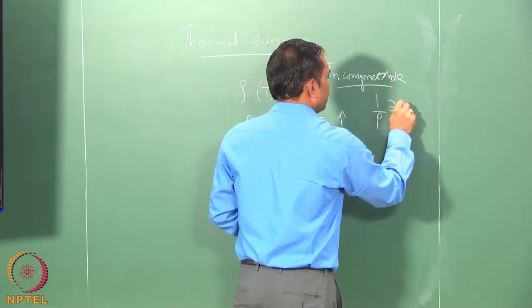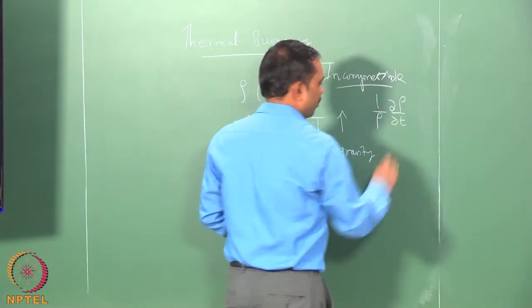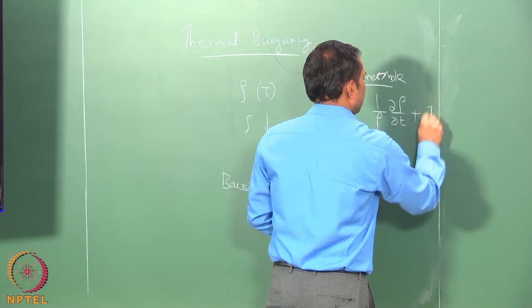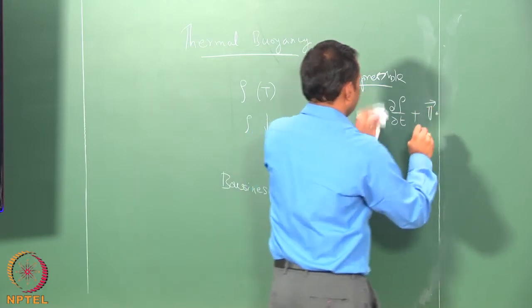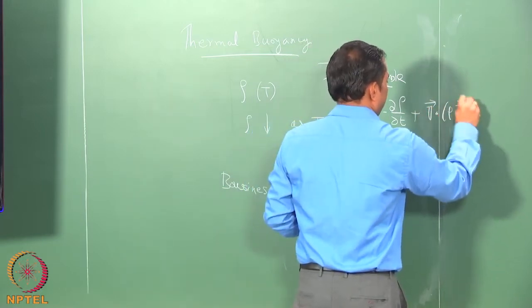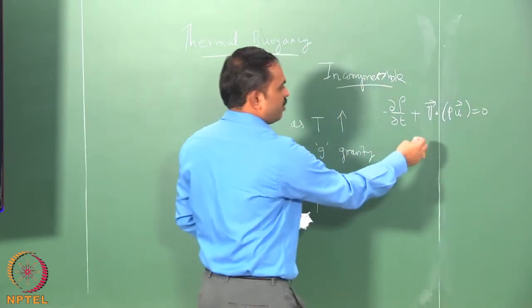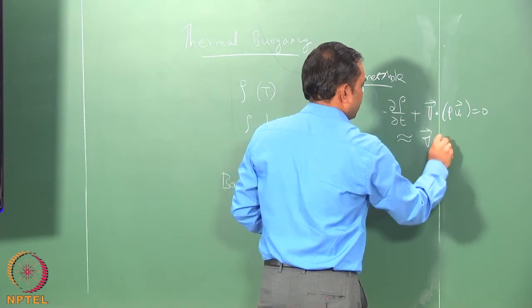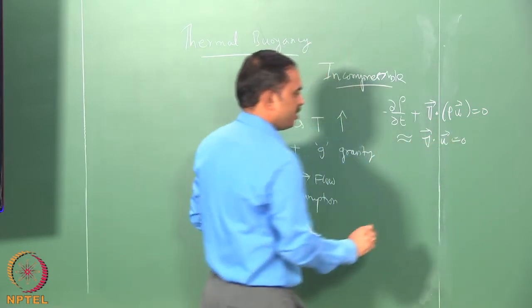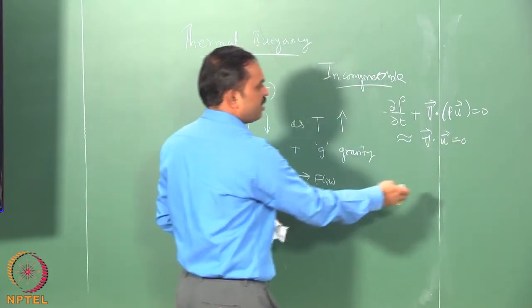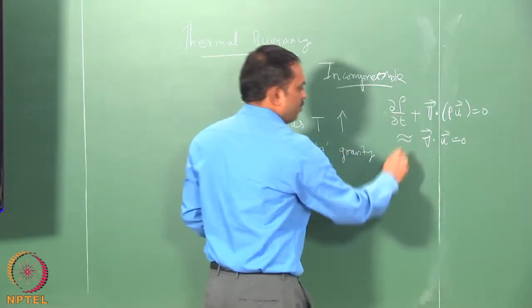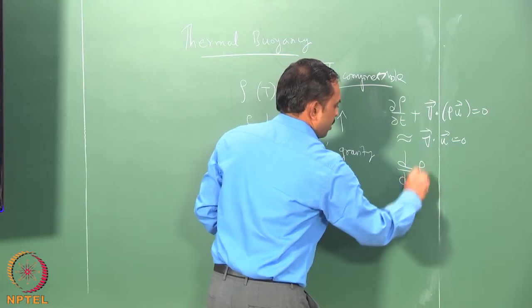So, the continuity equation that we wrote, we said that this can be changed as 1 by rho dou rho by dou t plus the divergence term, where the rate of dilation is 0. So, in this process what we have said is basically the material derivative of rho is 0.